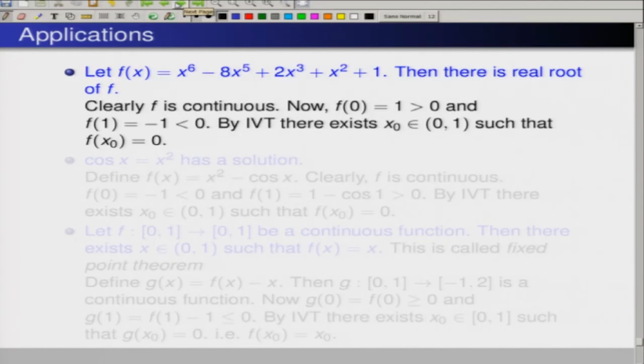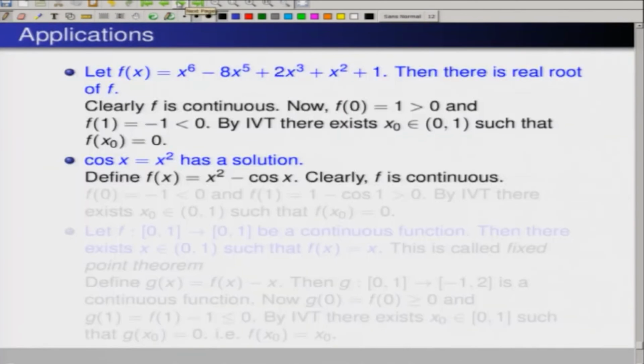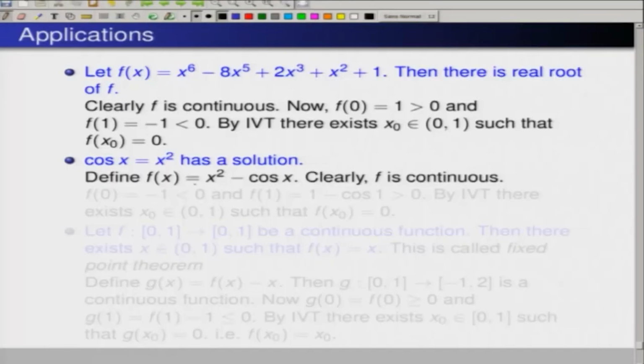Similarly, look at cos x equal to x square. Does it have a solution on the real line? If you sketch the curve, then you are going to see that actually it is going to cross at some point, and analytically you can prove that. You consider the function f of x equal to x square minus cos x.